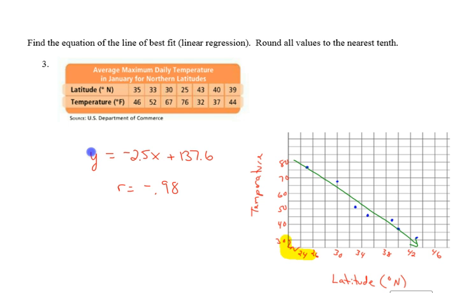Because the R value is negative, that means we have a negative correlation. And the R value is close to -1, so it's a strong correlation. Now again, if our data values were scattered all over the graph and there didn't seem to be a relationship, that R value would be very, very close to 0.